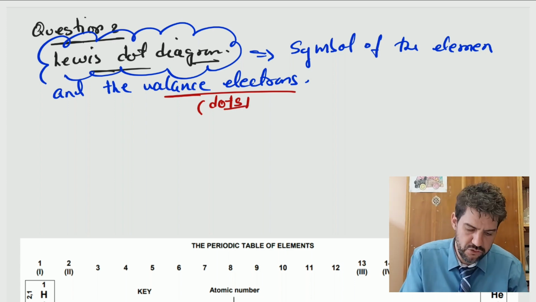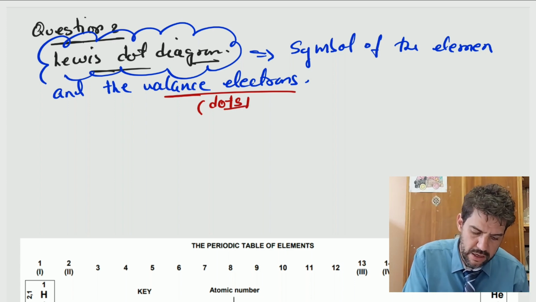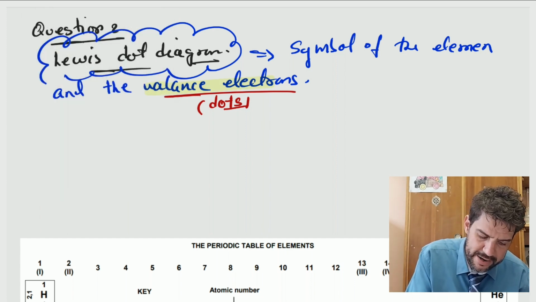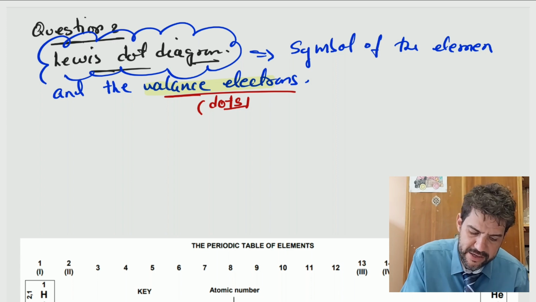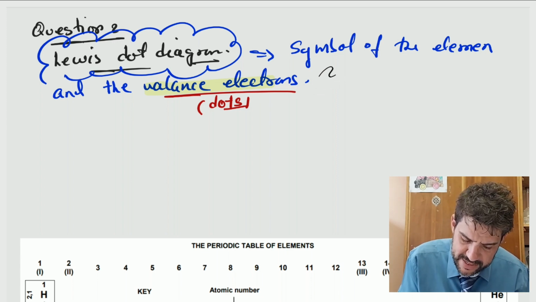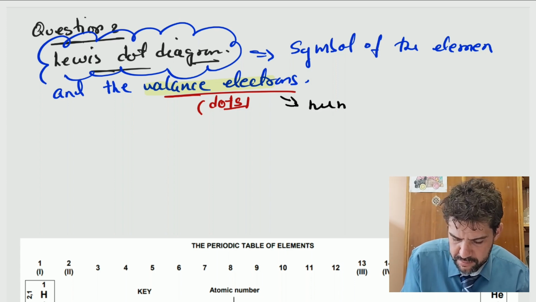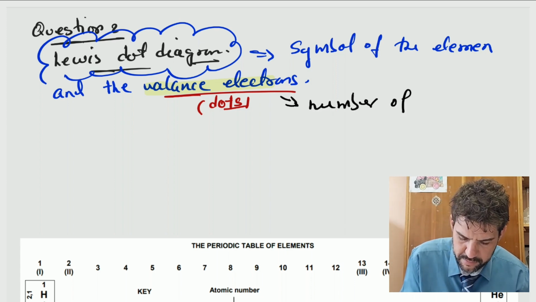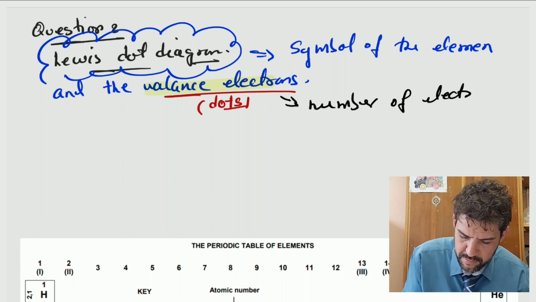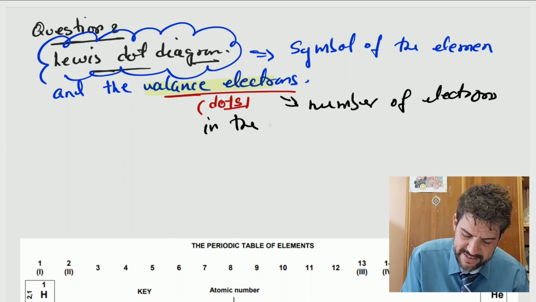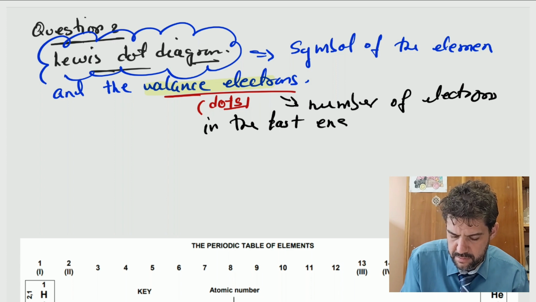Now, let's also remember what the valence electrons are. What are the valence electrons, guys? The valence electrons are the number of electrons in the last energy level.